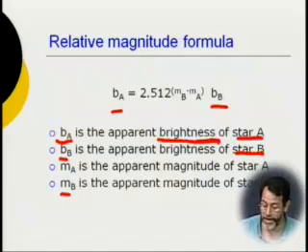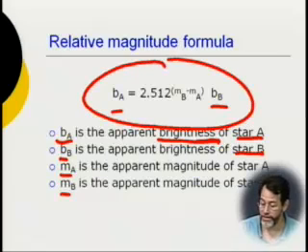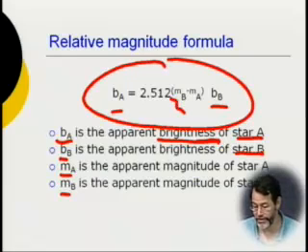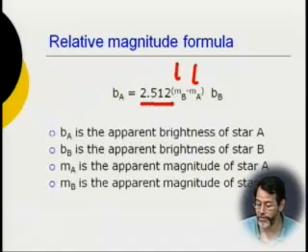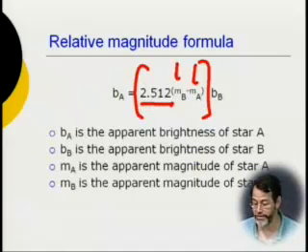Well, M sub B is the apparent magnitude of star B, M sub A is the apparent magnitude of star A, and here's the relation that does it. This is 2.512 and change. We just cut it off at 2.512, approximately the fifth root of 100 for people keeping exact notes. This is magnitude B minus magnitude A, and that is 2.512 raised to that power. And then this whole thing is multiplied by B sub B.